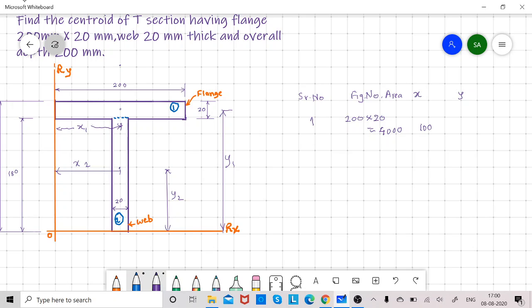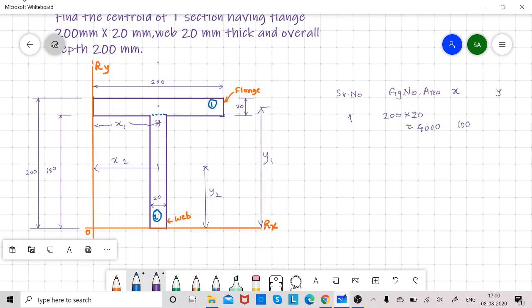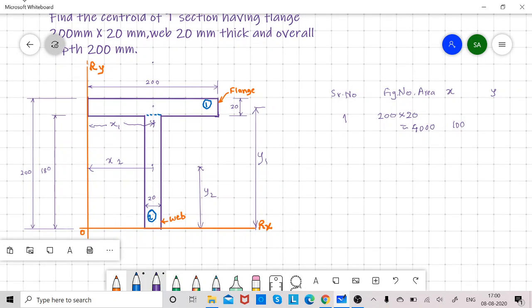And y1 is the distance between the horizontal reference axis rx and its centroid, its vertical distance. In this case, it is 180 plus 10, that is 190.